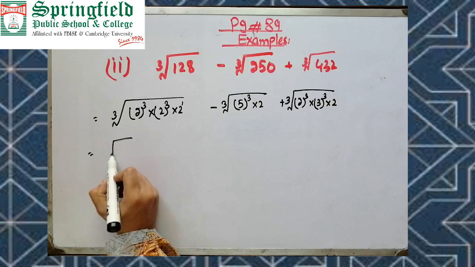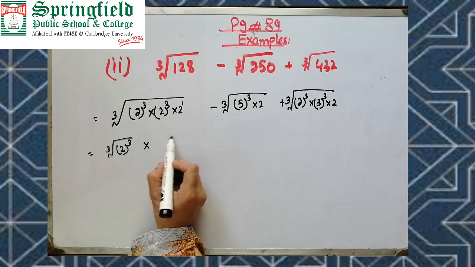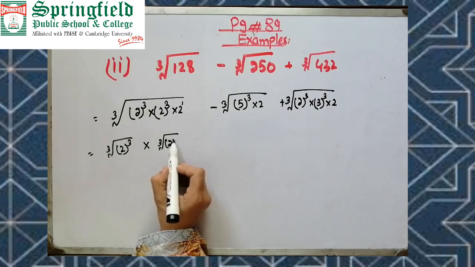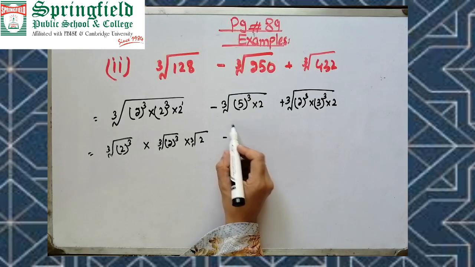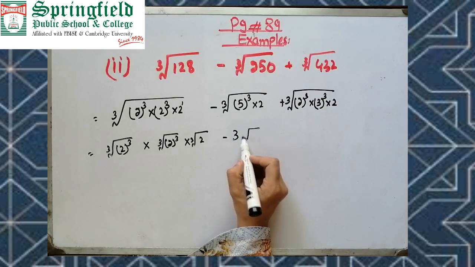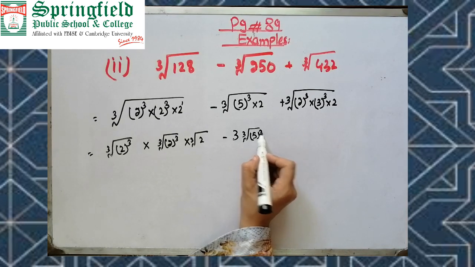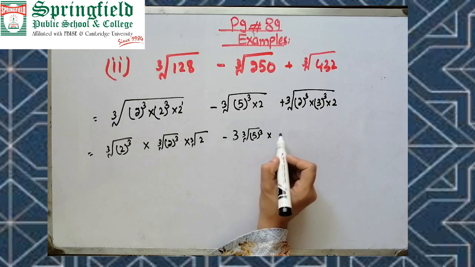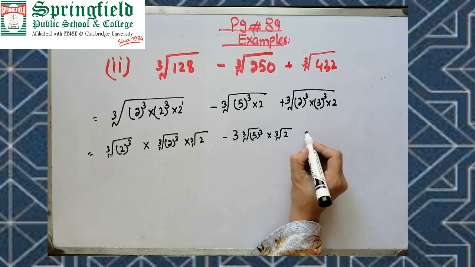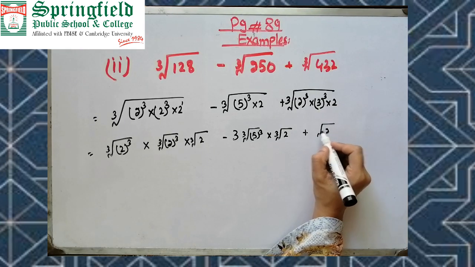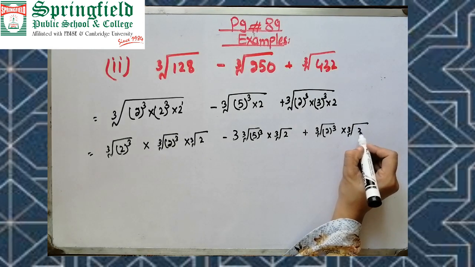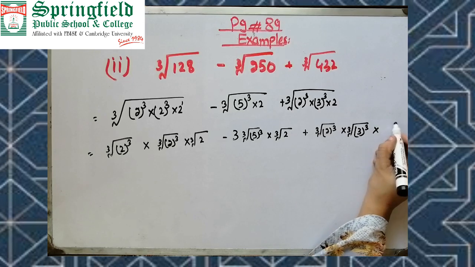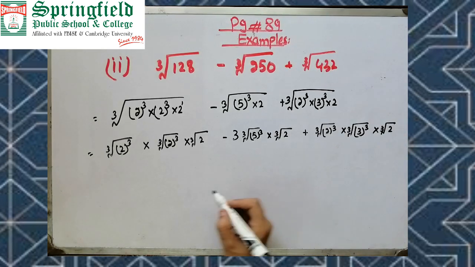We can write the cube root of 2 cube multiply the cube root of the next pair, and then the cube root of 2, minus 3 the cube root of 5, and then multiply the cube root of 2, plus the cube root of 2 multiply the cube root of 3 cube, and then the cube root of 2 just left.